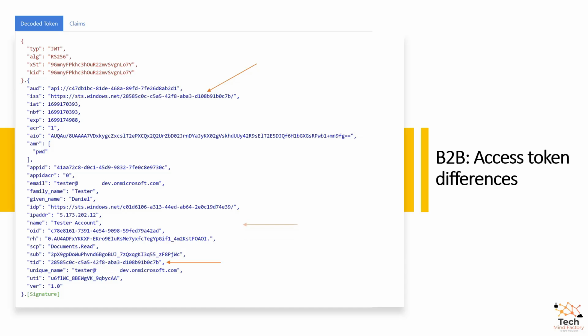Again, under the IDP claim, we will see the information of the guest user's home tenant, or the identity provider that was used to obtain an access token. So it can be an Entra ID tenant, but it can also be, for instance, Facebook, if user flows are enabled under external identities in Entra ID.